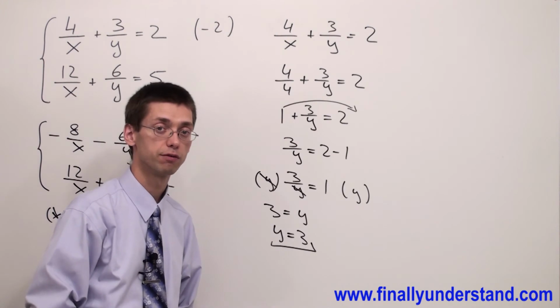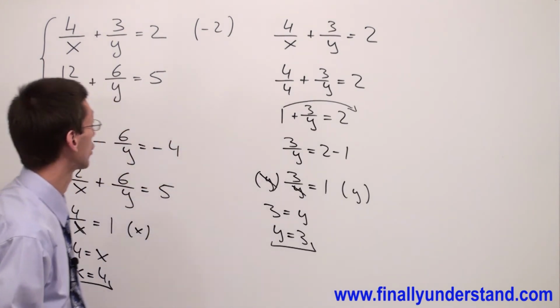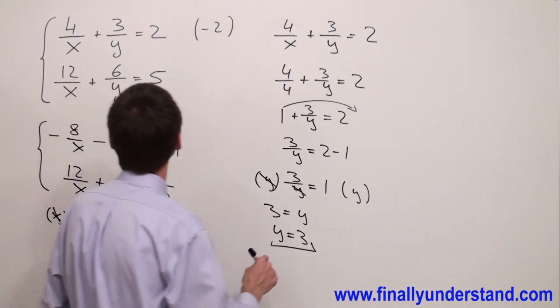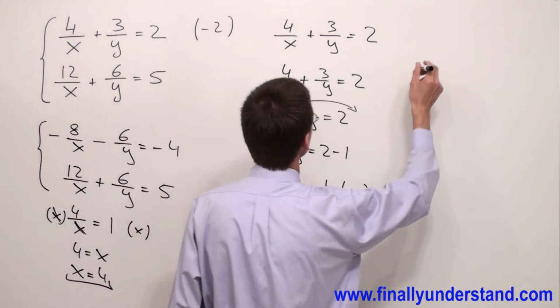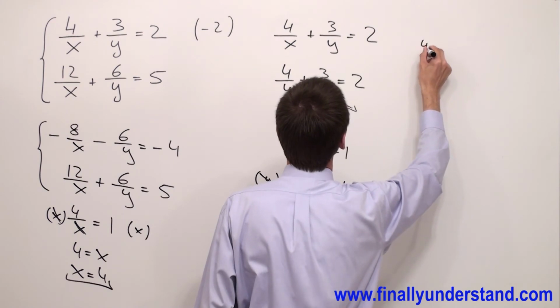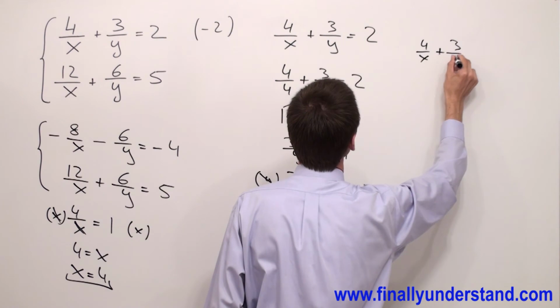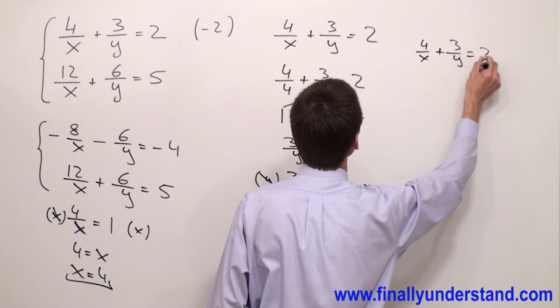Next, we're supposed to verify if our answers are correct. So let's take a look. First equation, one more time: we have 4 over x plus 3 over y supposed to equal 2.